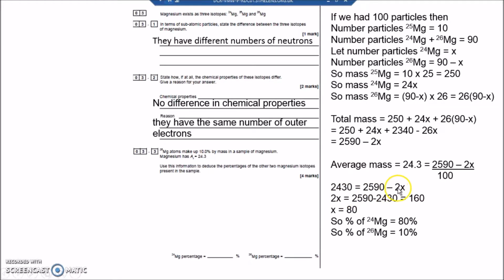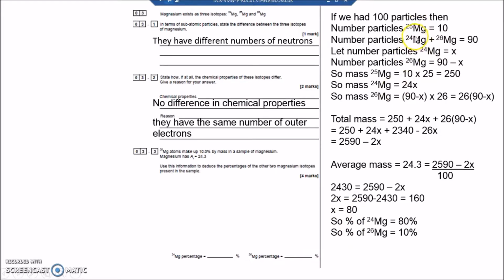So now I'm going to take the minus 2x to this side, so it becomes plus 2x, and take the 2430 across the other side, so it becomes minus. So 2x is 2590 take away 2430, which is 160. So 2x is 160, x is 80.